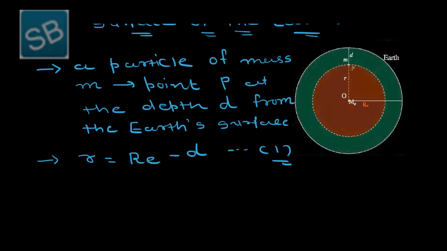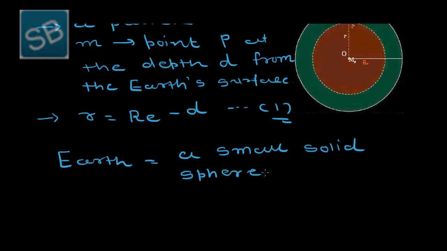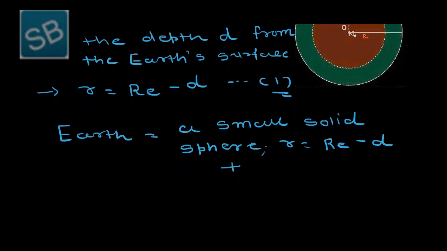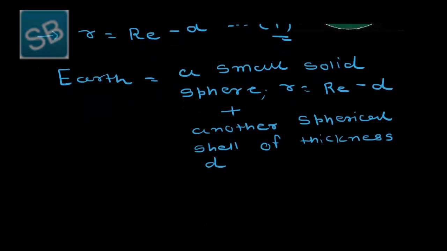Then we can imagine the earth is made up of a small solid sphere with radius r is equal to re minus d and another spherical shell of thickness d, and this is over the small solid sphere.